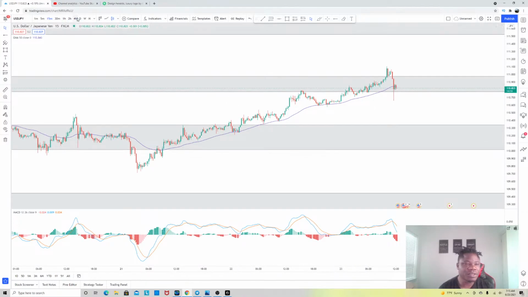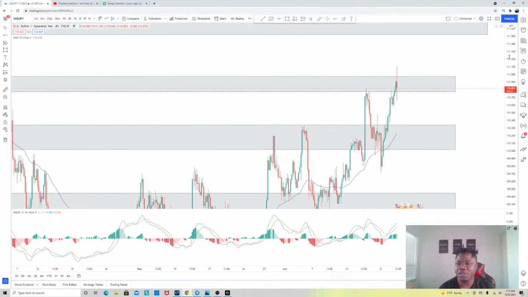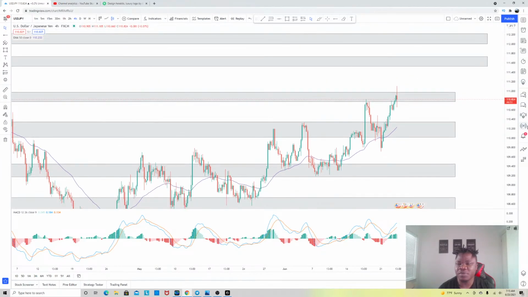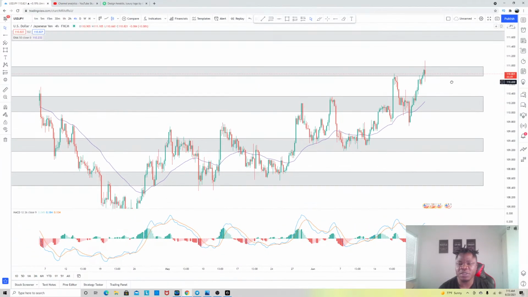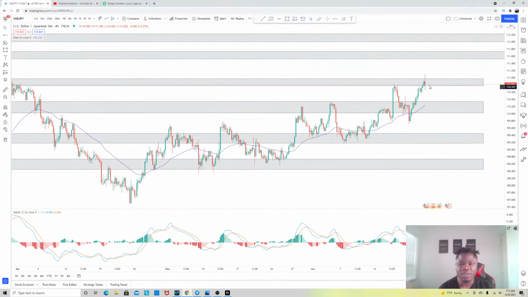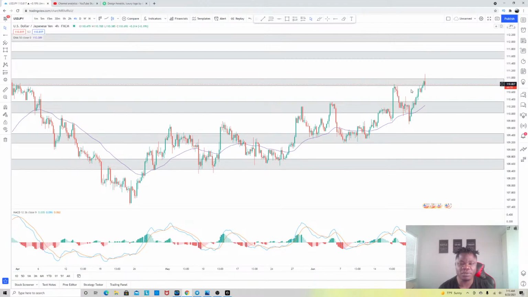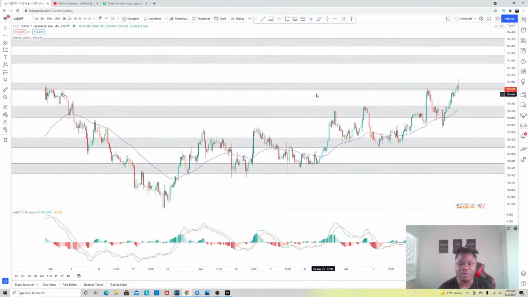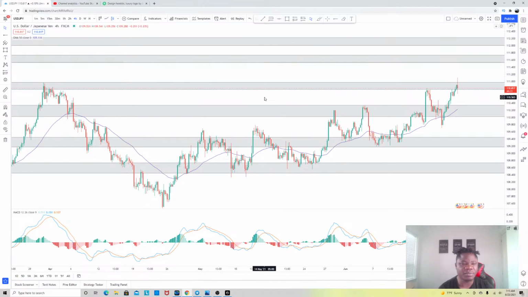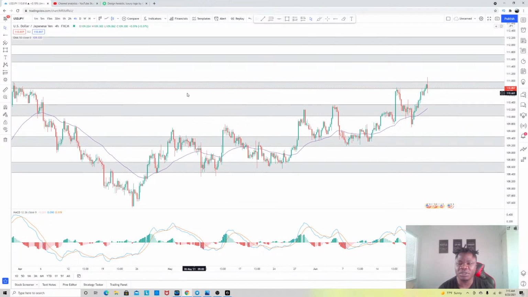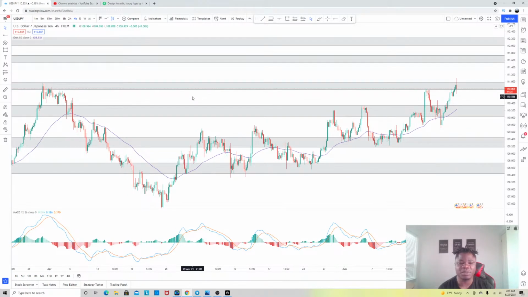Looking at USD JPY, if we go here to the 4-hour time frame, we can see that we just had a rejection right here at the resistance zone. We'll see how this pair plays out.